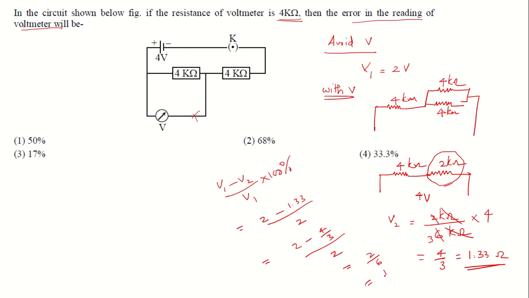That is equal to 1 by 3 into 100 percent. So you get the value as 33.3 percent. So that is the answer. This is a very good question, and the last aspect is how we can find the percentage of accuracy. It is a good concept.